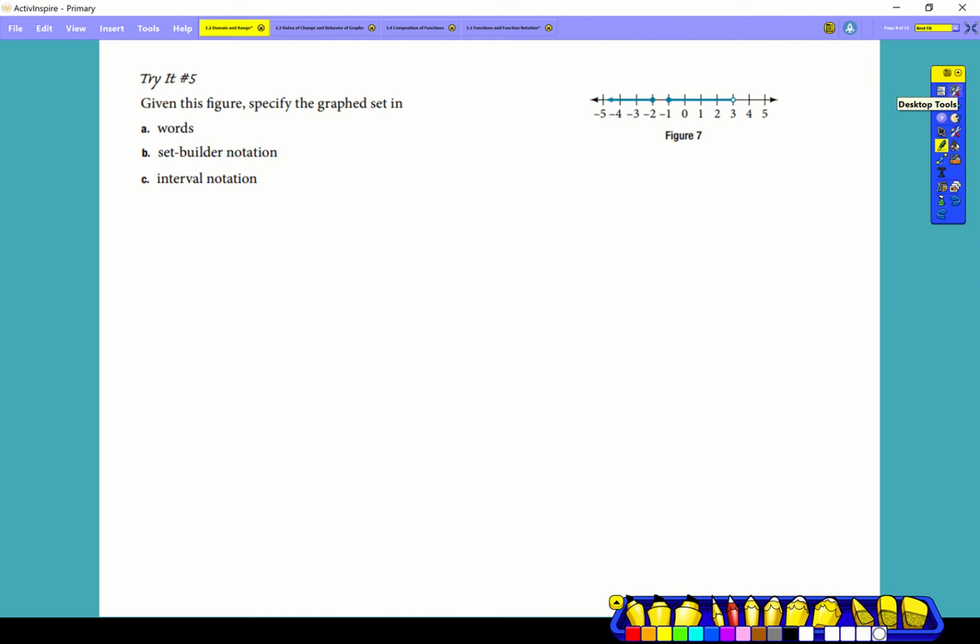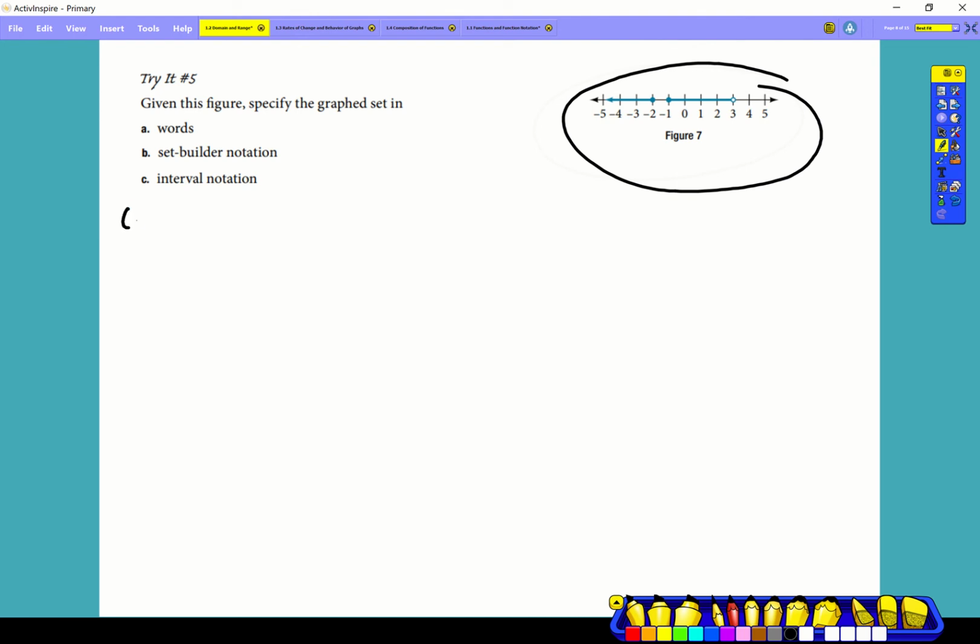Given this figure, specify the graphed set in words. So in words, notice right here that was white, right here, that's what we're looking at.